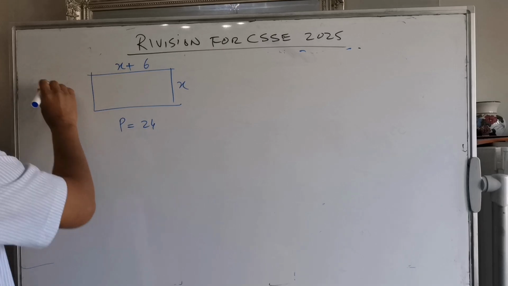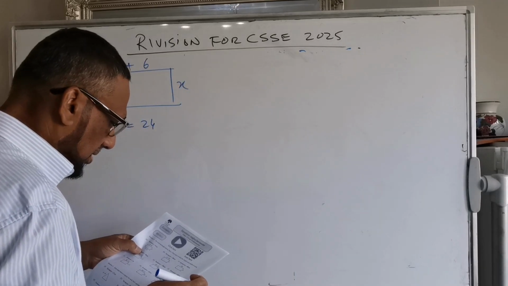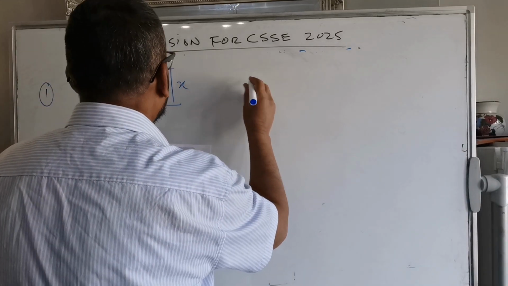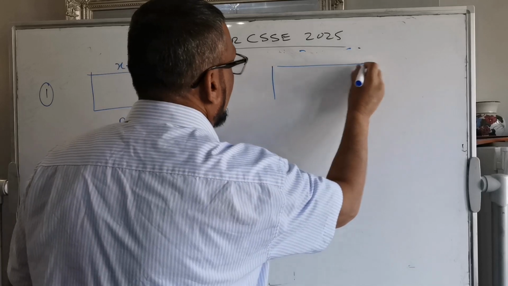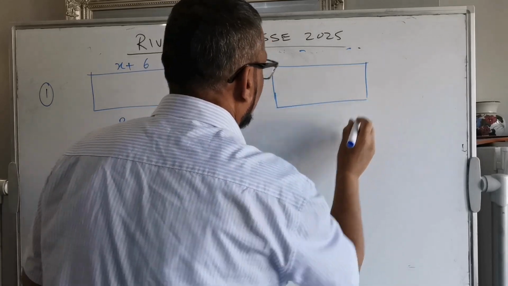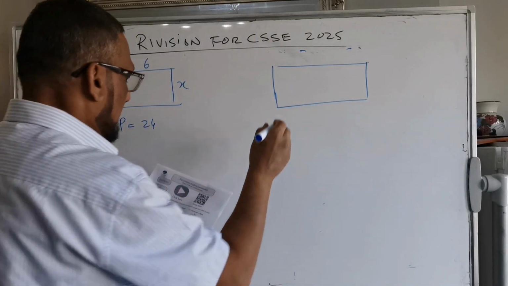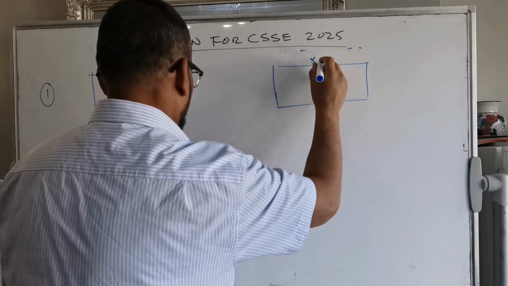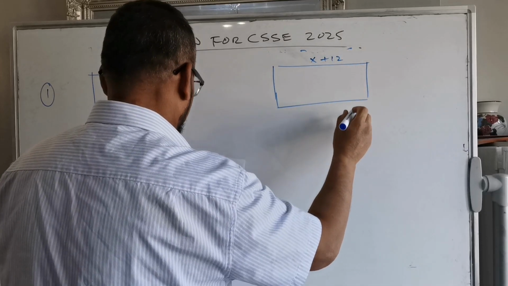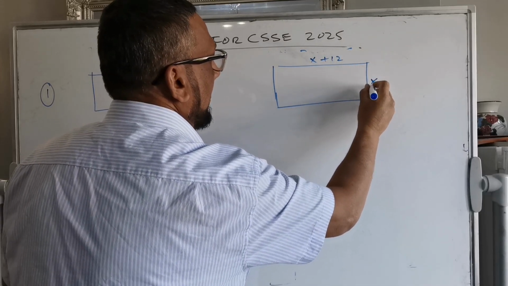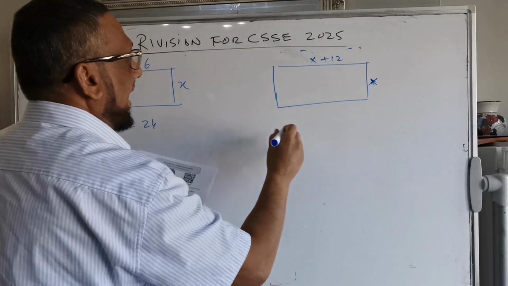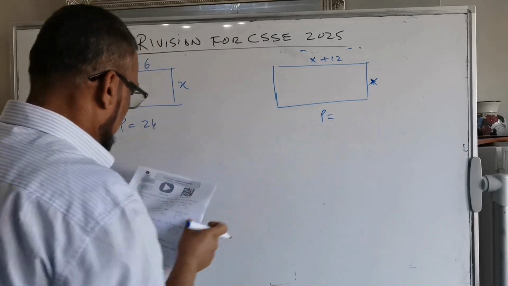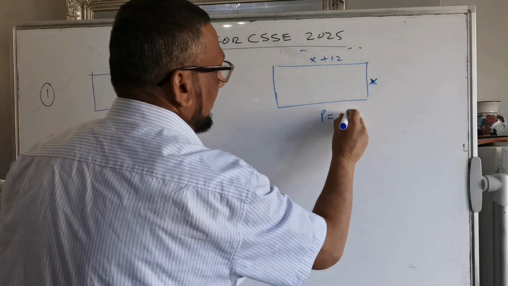This is question number 1, and question number 2 is the same, with sides x plus 12 and x, and the perimeter is given as 56.